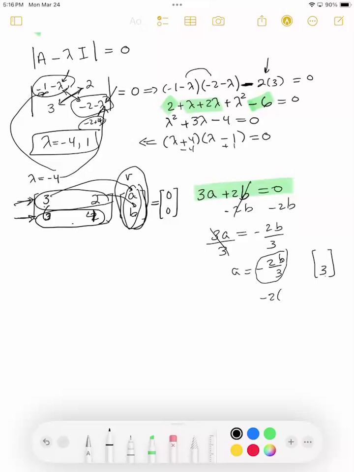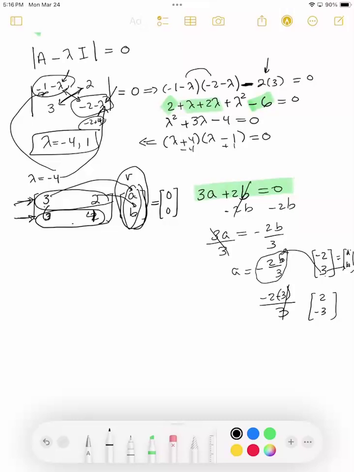So I get -2 times 3 over 3. Remember, this is equal to my vector V. V has an A and B. I'm substituting 3 for B, so I put 3 here. 3 and 3 cancel, A is -2. Maybe another student picks -3 for B, so then you put -3 here. Negative and negative gives you +2.